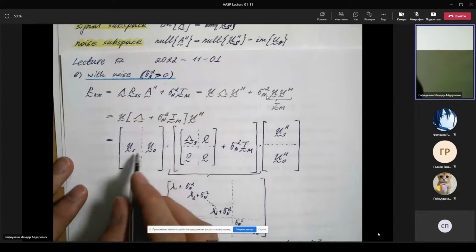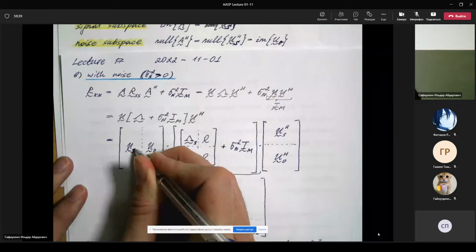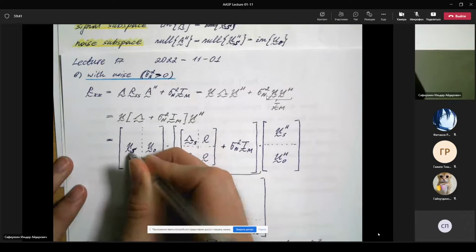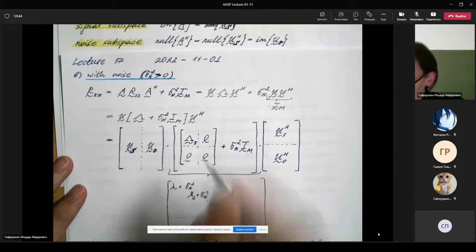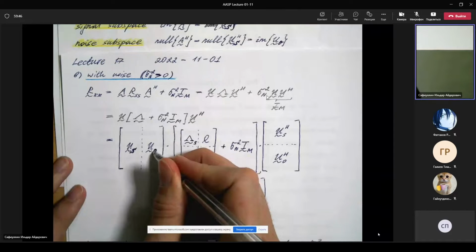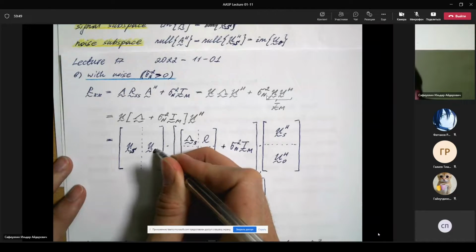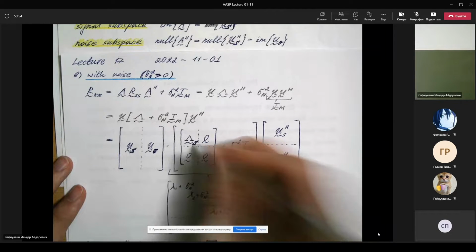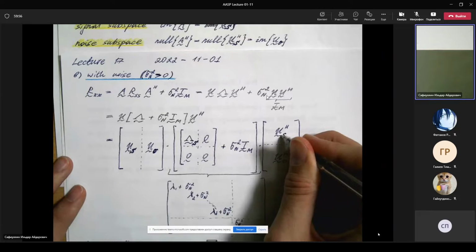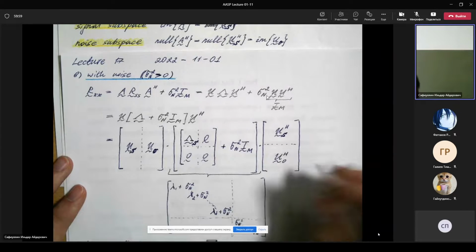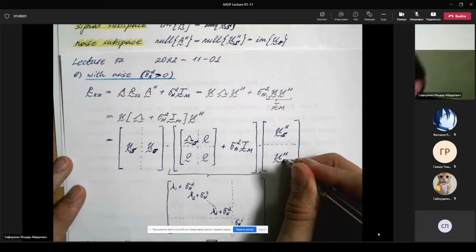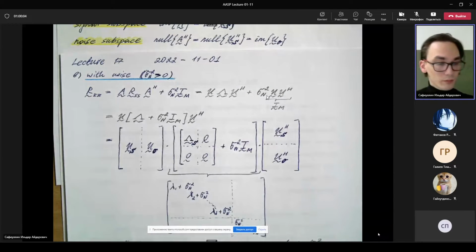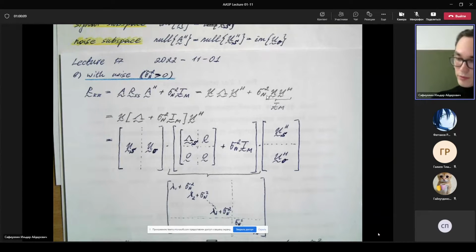So here, U of S, S capital, O capital. Here we have S capital. And in the same way for the Hermitian one. And the last part, signal subspace and noise subspace for the case with noise.